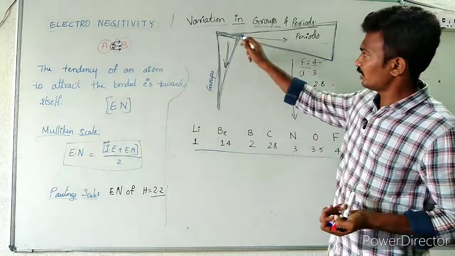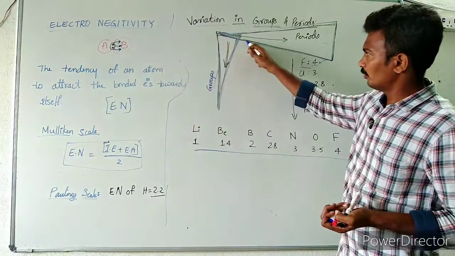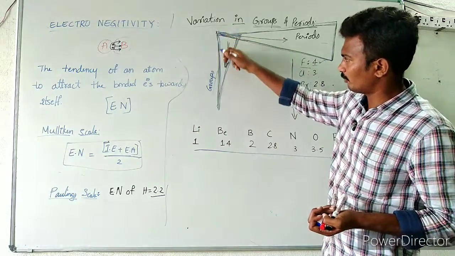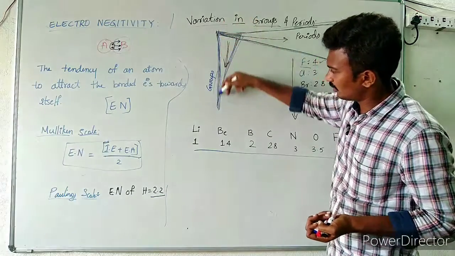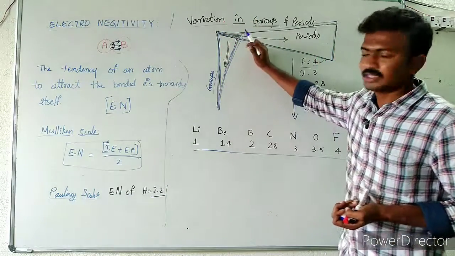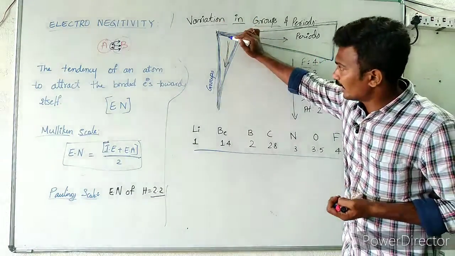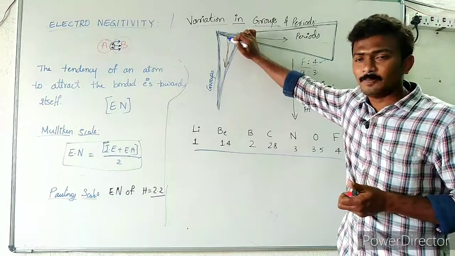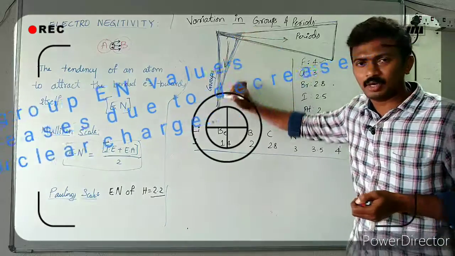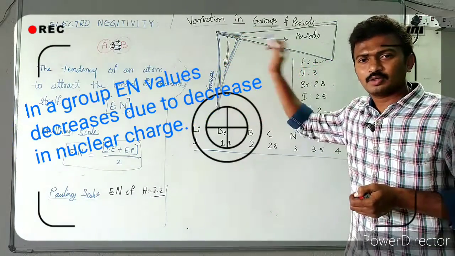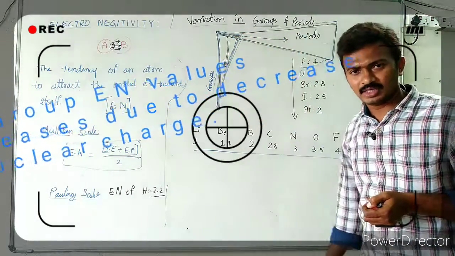See here, in the case of groups, if you move from top to bottom, you can see the narrowness, from broadness to narrowness. This means that the electronegativity values are higher at the top and lower at the bottom. That means as we move from top to bottom in a group, the electronegativity values decrease.